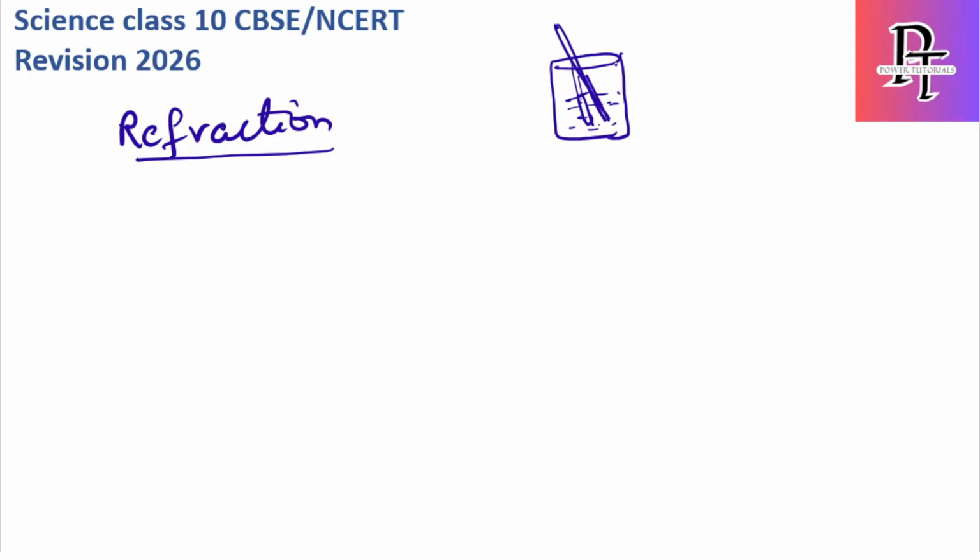Whenever a light ray passes from one medium to another medium, the path gets refracted. Okay, so again I'm repeating. Suppose you keep a pen inside the water, what will happen? Okay, I will write the definition.